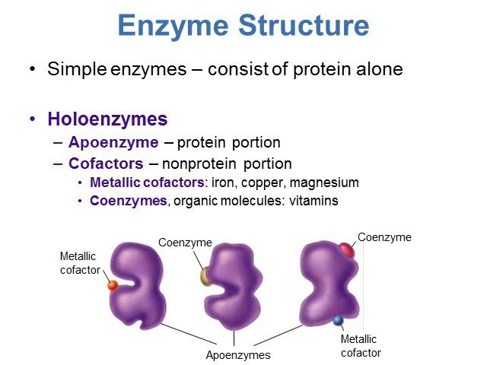So this is where most of it is made of a protein, but then you also have this other molecule that's kind of the helper. Some of these cofactors are metallic cofactors, so you might need iron, copper, magnesium, some type of metal that will help with this reaction. Other cofactors are coenzymes. These are organic molecules, so molecules that are carbon-based. They have a carbon-hydrogen bond in them.